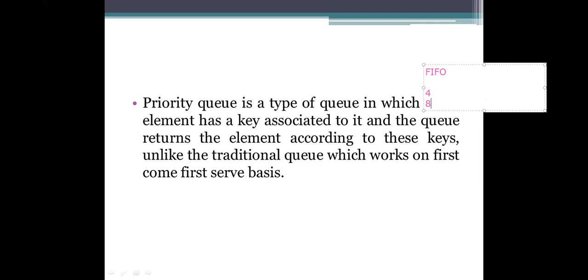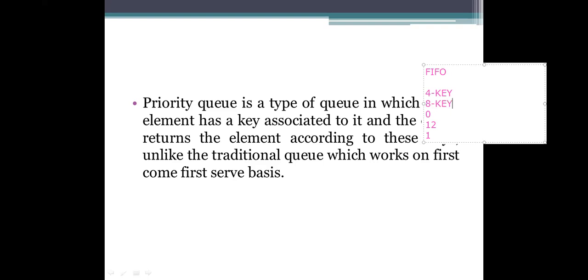Let me, these are the elements of a queue: 0, 10, 12 and 1. If we are specifying it's a priority queue, we should have a key for each and every element it consists of.